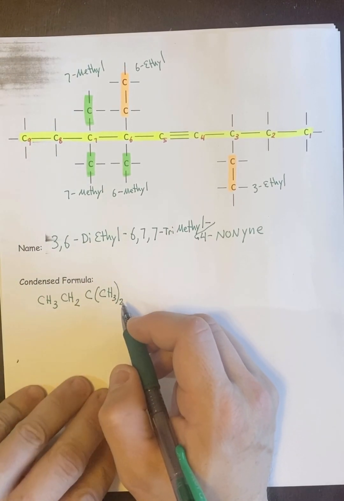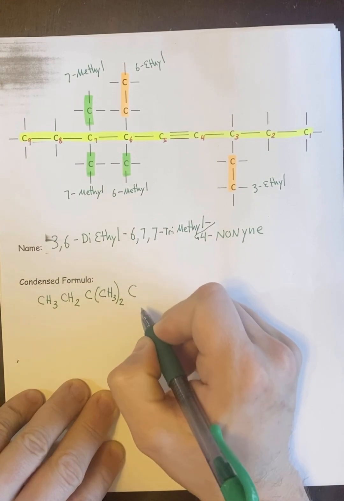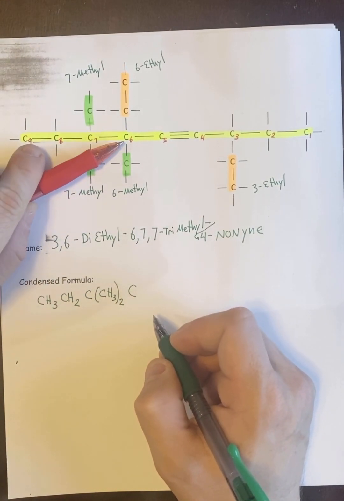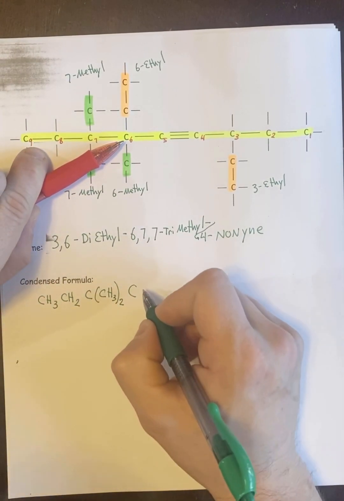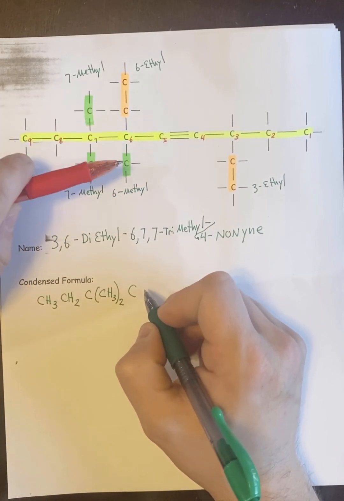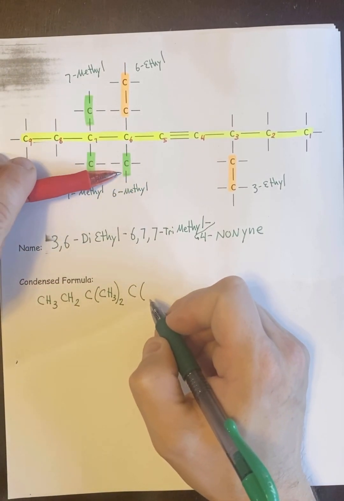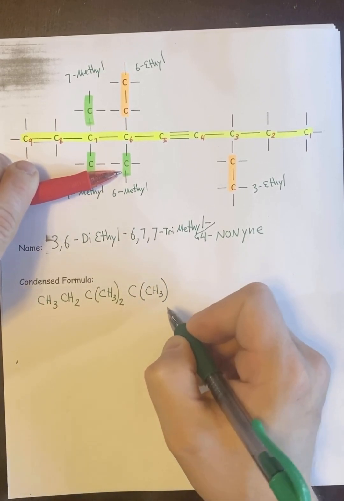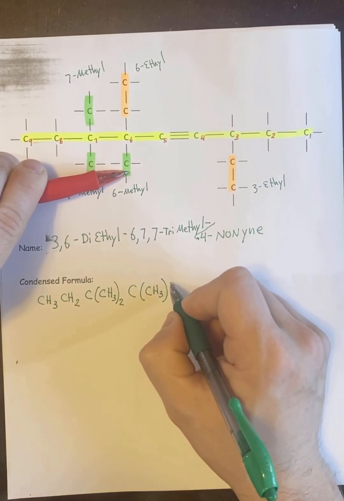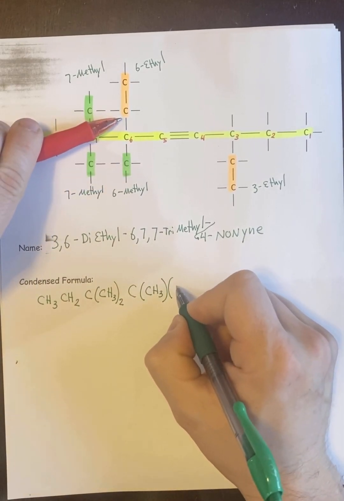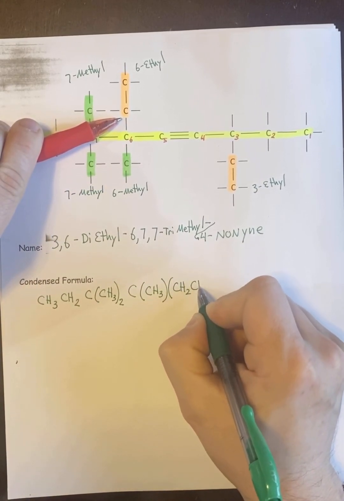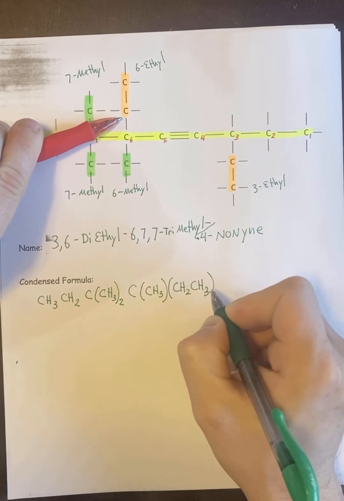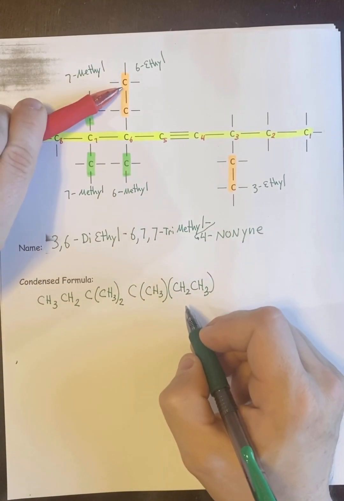When you see carbon 6, hopefully it makes more sense. So there's carbon 6. There are no H's for carbon 6 either. So it doesn't matter which one I do first. So parentheses, let's do the bottom one first. CH3, close it. That's for this one. Then I do another set of parentheses. CH2, CH3, that's this one.